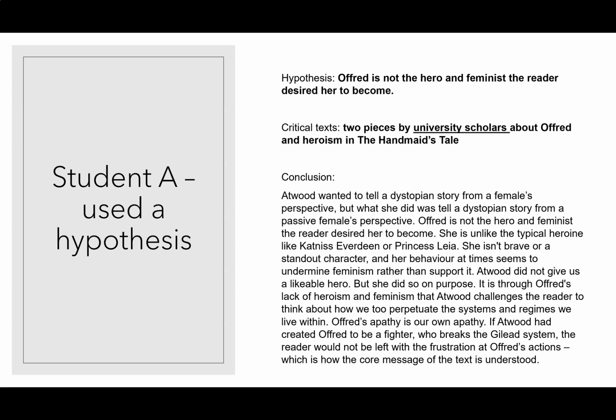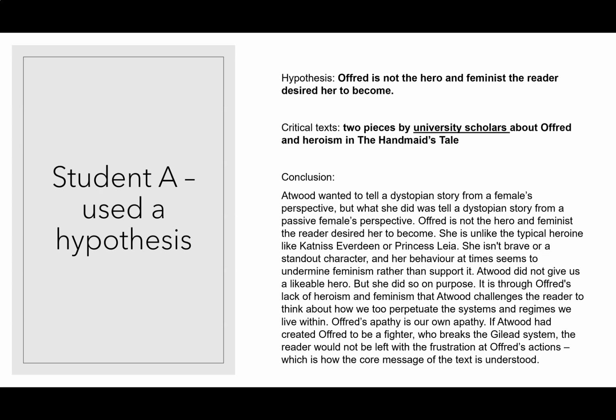She isn't brave or a standout character, and her behaviour at times seems to undermine feminism rather than support it. Atwood did not give us a likeable hero, but she did so on purpose. It is through Offred's lack of heroism and feminism that Atwood challenges the reader to think about how we too perpetuate the system and regimes we live within. Offred's apathy is our own apathy.